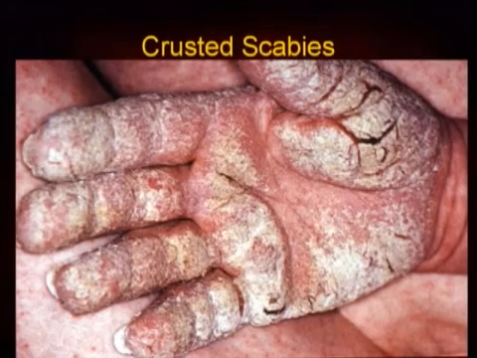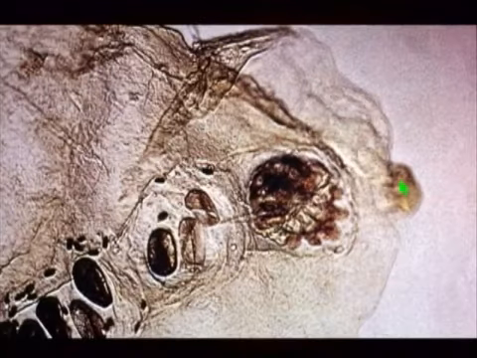So in the other patients we saw, one patient might have half a dozen or maybe as many as a dozen mites causing all of their pruritus, but in a patient like this, all of this crust is just chock full of scabies mites. So this person is going to be highly infectious, but very easy to diagnose because you just need to scrape a little off the top and look under the microscope, and you'll find a scabies mite.